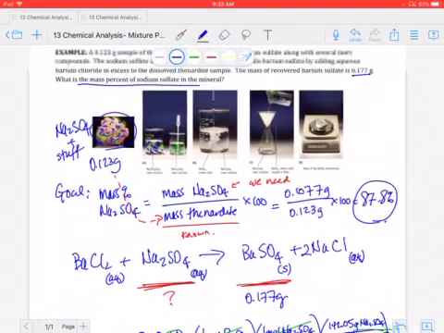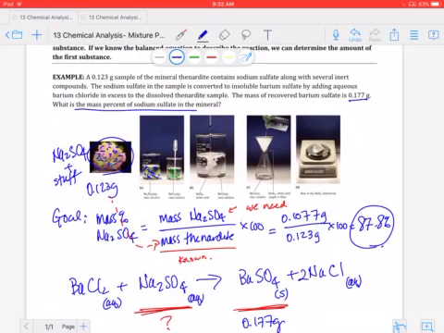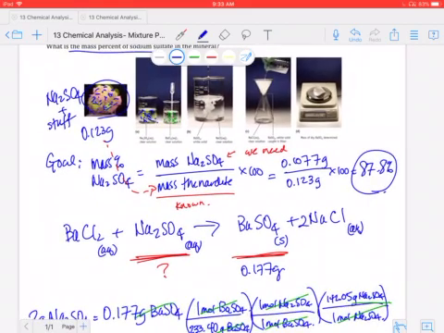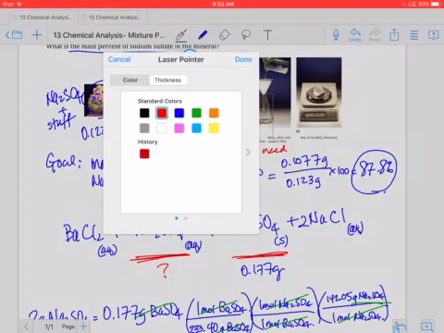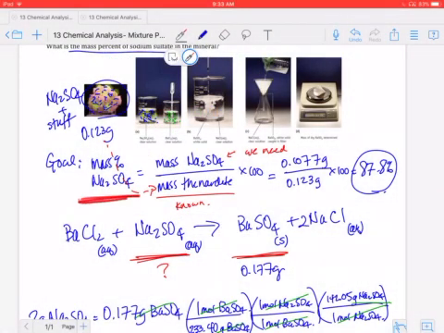So if we go back to starting, we know it's a mixture problem because I have something contained in a bigger substance, in this case, an ionic compound contained in a mineral. We're asked for a mass percent. So we identified our goal here as looking for the mass percent of the sodium sulfate. To do that, we need the mass of the sodium sulfate over the mass of the total. So we needed to find that top number there.